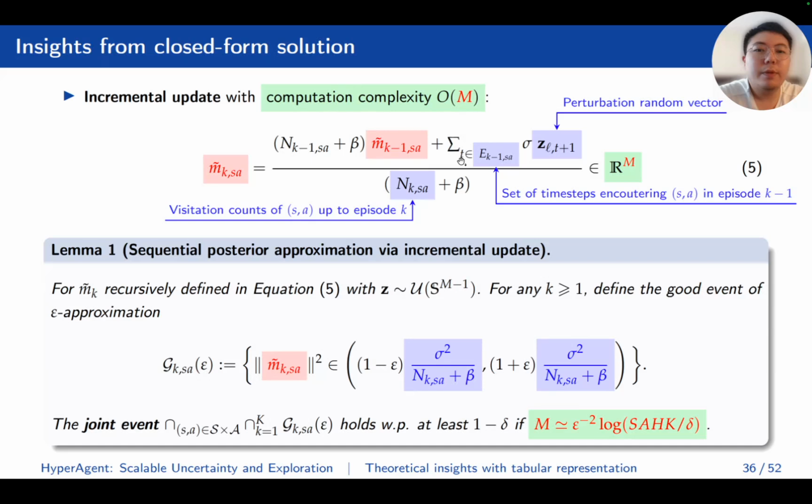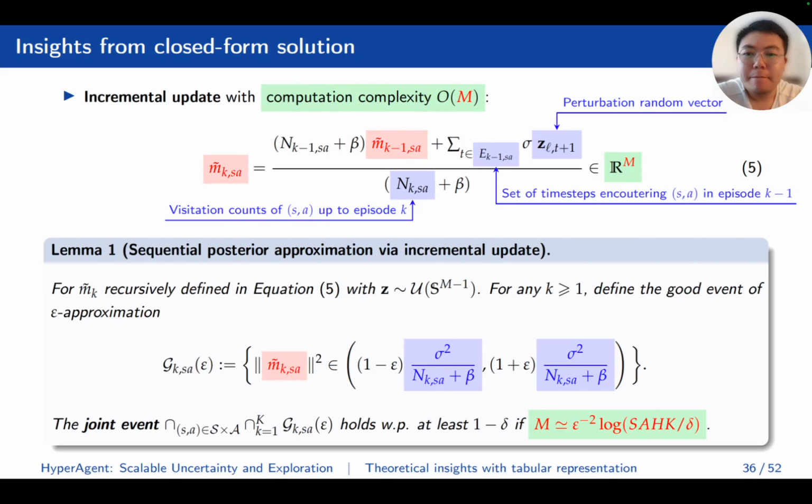The per step computation is proportional to m, and we prove that in the tabular case and also in the linear case, m is proportional to log over the number of episodes or the number of time steps. So this is the key lemma that provides logarithmic computation. And then we can say this is an incremental uncertainty estimation in a very fast way because it's logarithmic in terms of t or k.